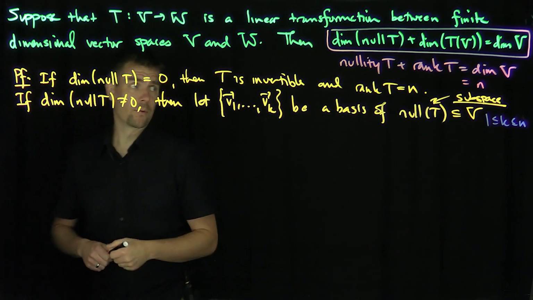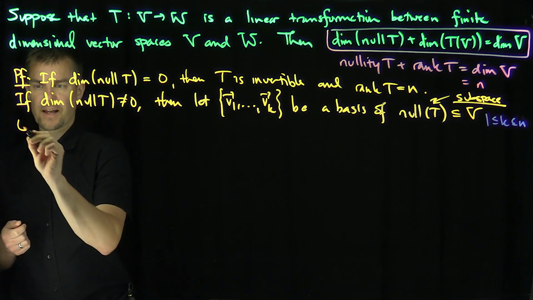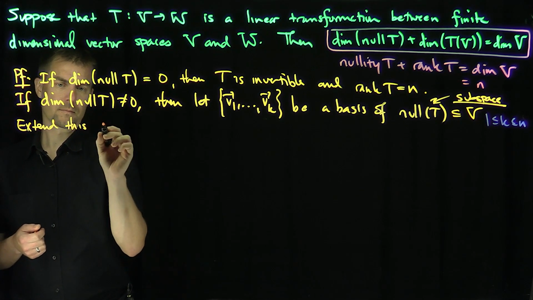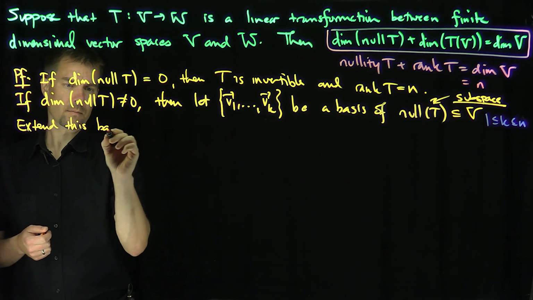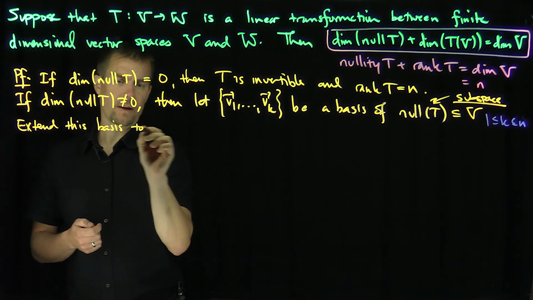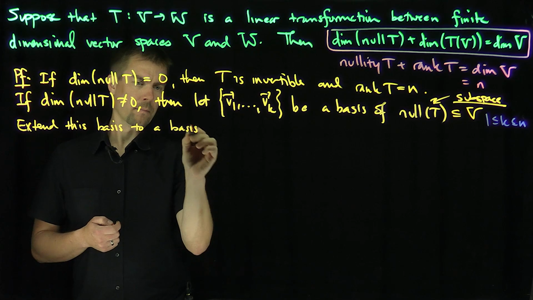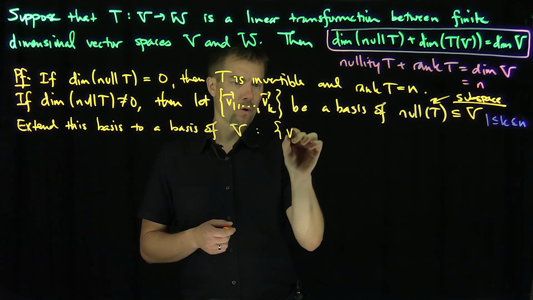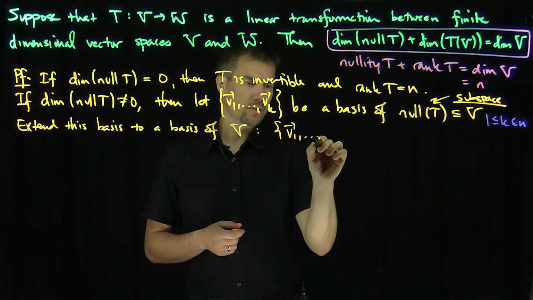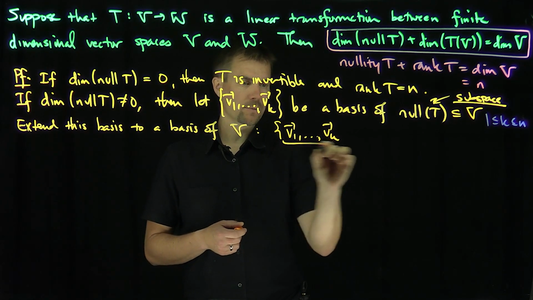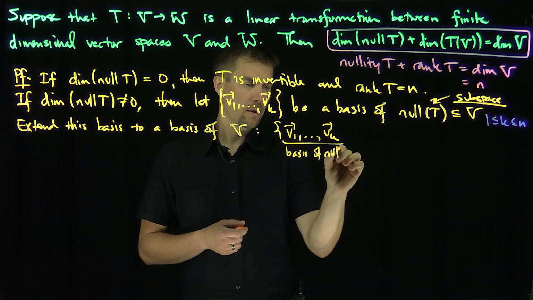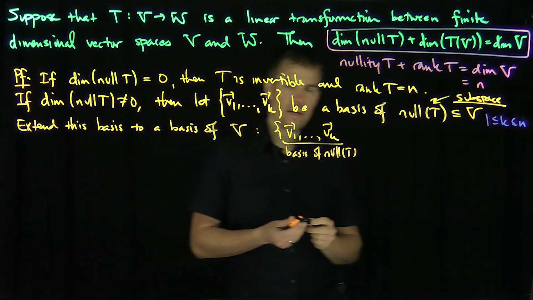And then what can we say? Well, then I can extend this basis to a basis of all of V. So the first k entries are going to be the basis of the null space of T. And then I'll have other vectors.